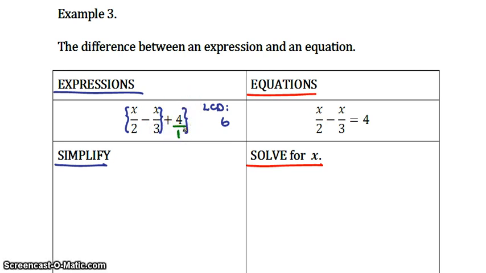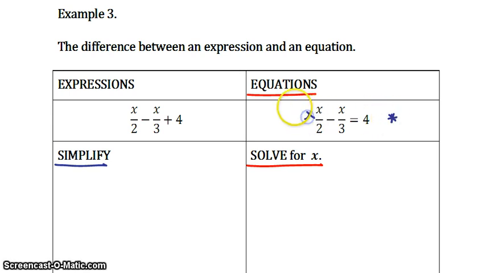I'm not allowed to multiply each of these by 6 in the hope that it'll cancel those denominators, because this is not an equation. So the rule of what you do to one side, as long as you do to the other side, it's fine, does not apply here. In this example, this is an equation.